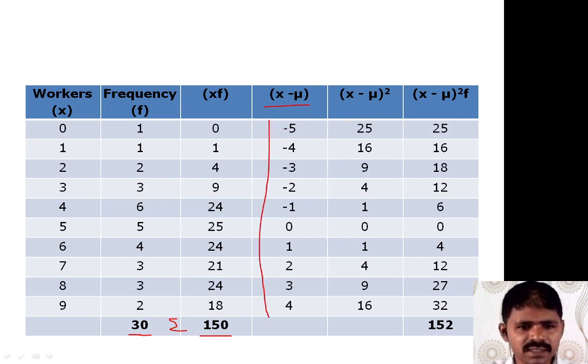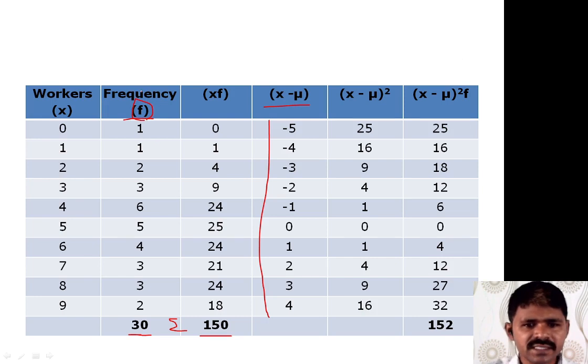Once we square them, the negative values become positive, and then we multiply with the frequency value.